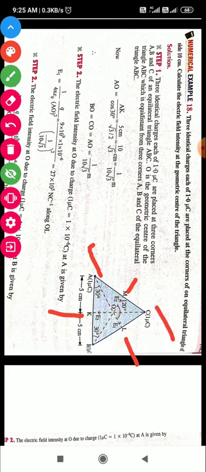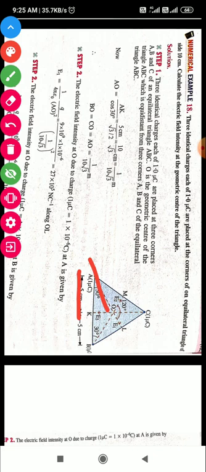First we will calculate the values of AO, BO and CO. We apply cos 30 equals base upon hypotenuse. So AK upon AO equals cos 30, or AO equals AK upon cos 30. AK is 5 centimeter and cos 30 is root 3 by 2, so this is 1 by 10 root 3 meter. Similarly, BO and CO are equal to AO.